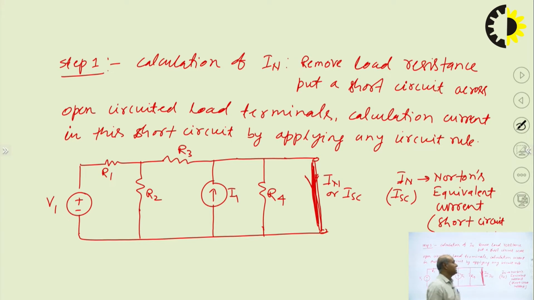So this is the meaning of Norton's equivalent current or short circuit current. We call it short circuit current because we calculate this current by placing a short circuit across the load terminals. So these are the steps to calculate IN.